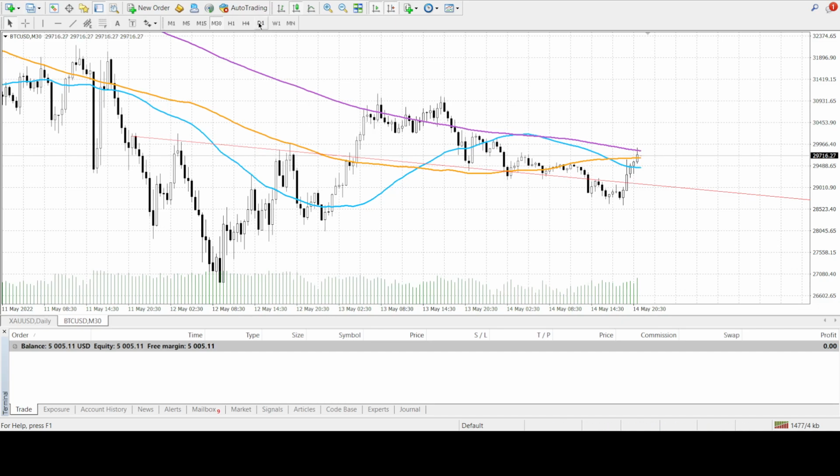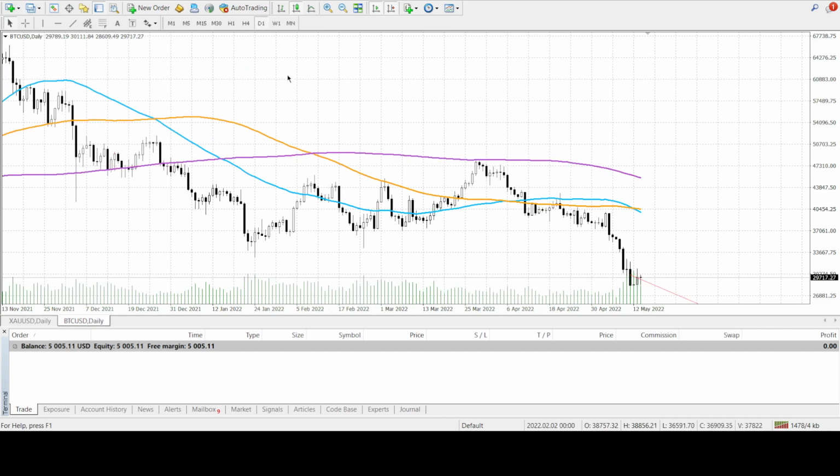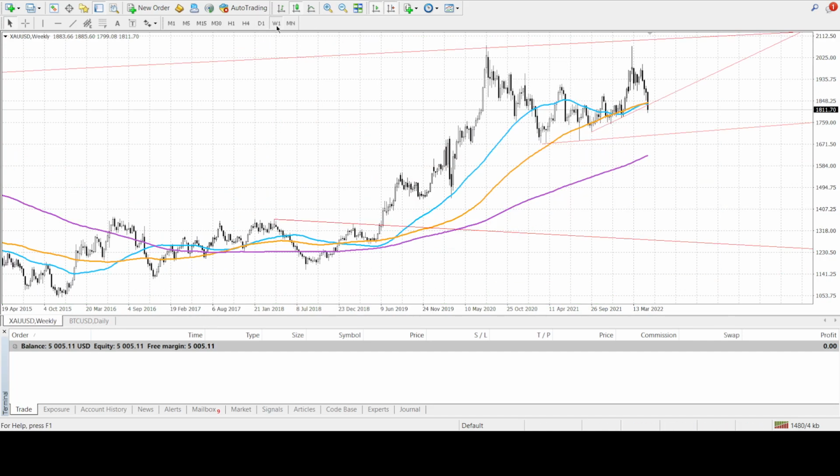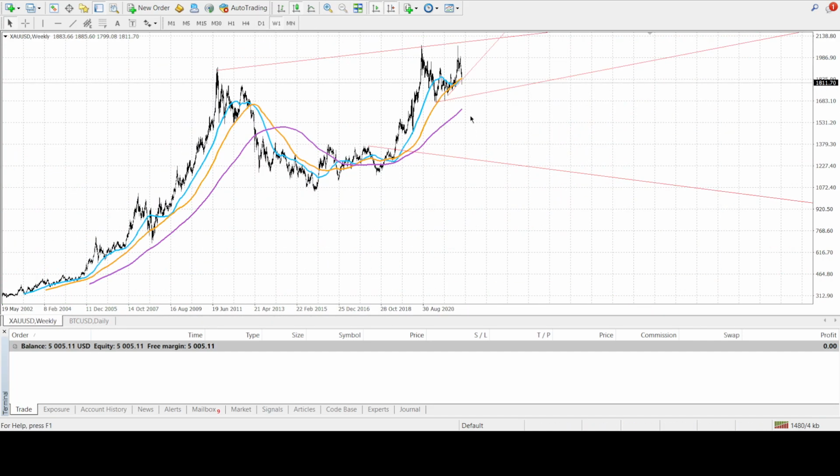So something just to point out, if you were to look at, let me zoom this out. If you were to look at Bitcoin on the daily chart, so you've got your peak here, your two high peaks, and then you were to look at gold on the weekly chart, got your high peak and your high peak.